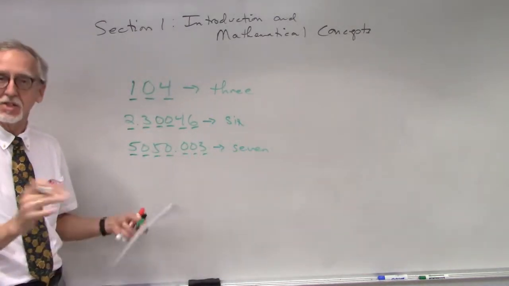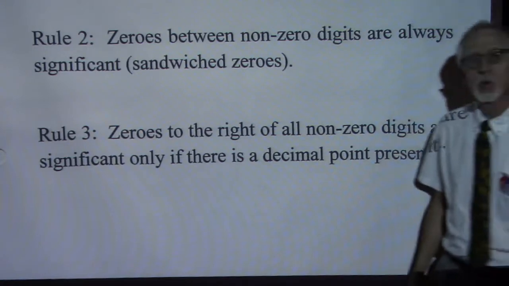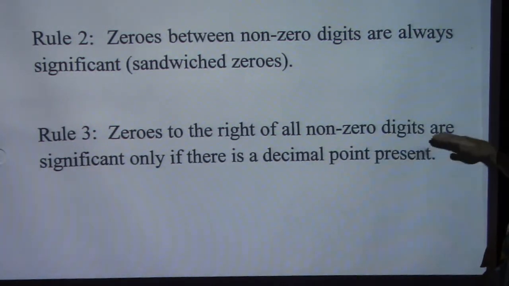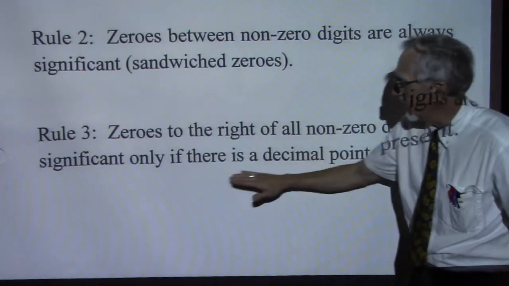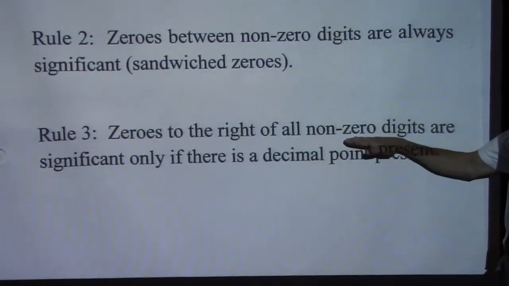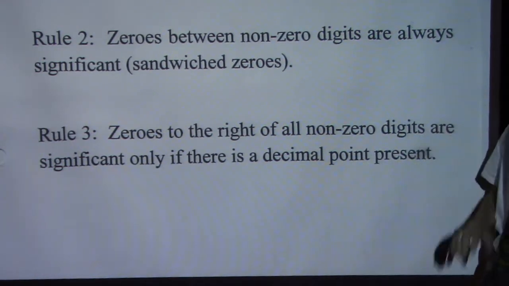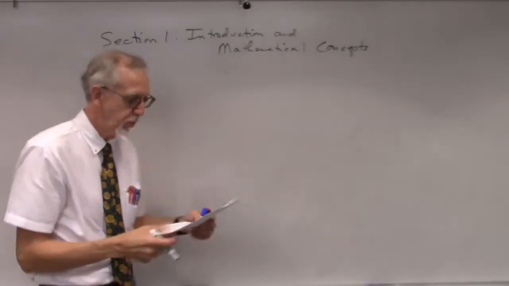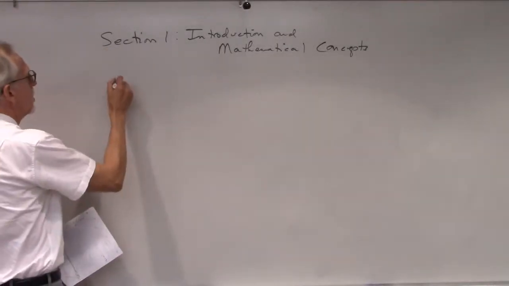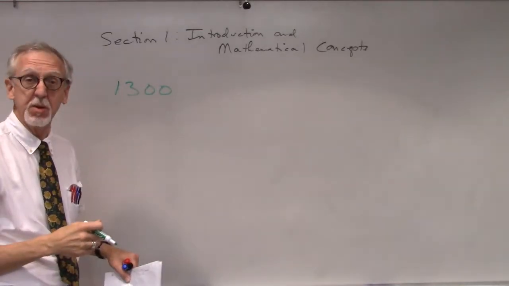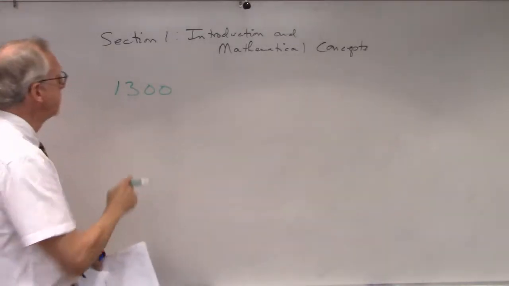Okay, let's look at rule number 3. Rule number 3, zeros to the right of all non-zero digits are significant only if there is a decimal point present. So, to the right of non-zero digits, only significant if there is a decimal point. So let's look at some examples of this. Okay, some examples of rule number 3. 1,300, so this is kind of similar to the number we were talking about before.